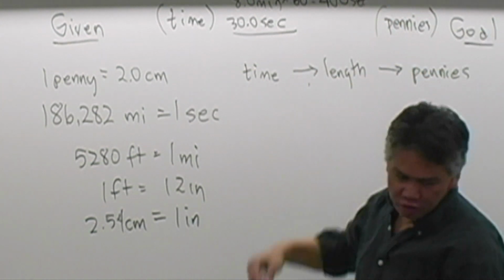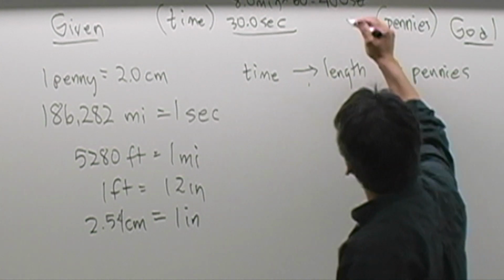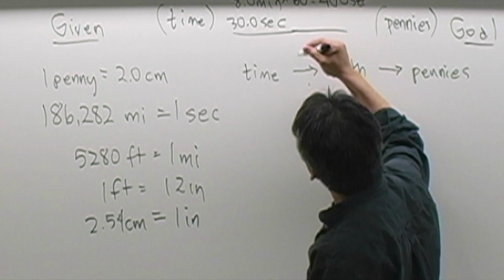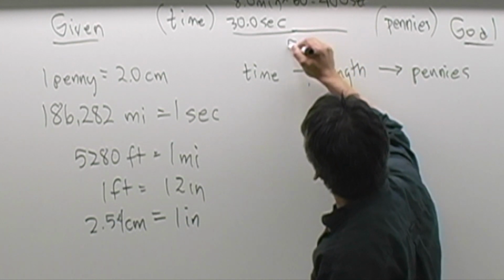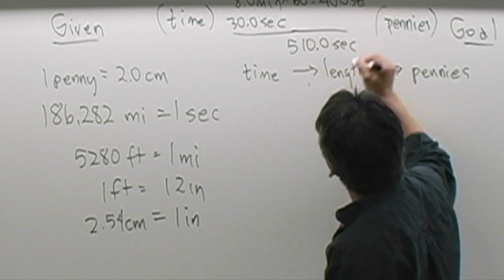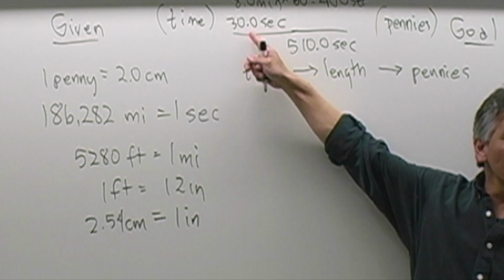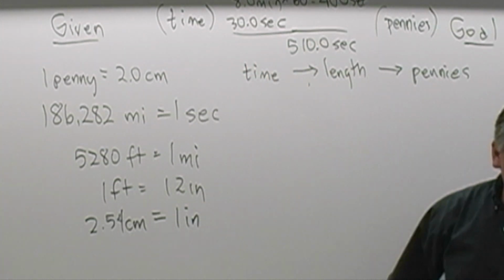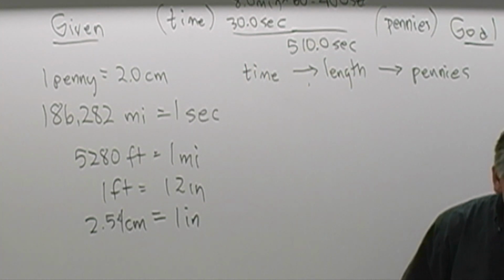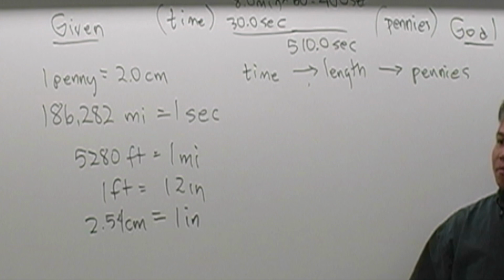And then all we have to do is add that to the 30 seconds, and so this comes out to, in this particular case, 510 seconds. I'm going to carry it out to the 10th of a second because I have 30.0 and I have 8.00. That's our starting point. The rest is easy.